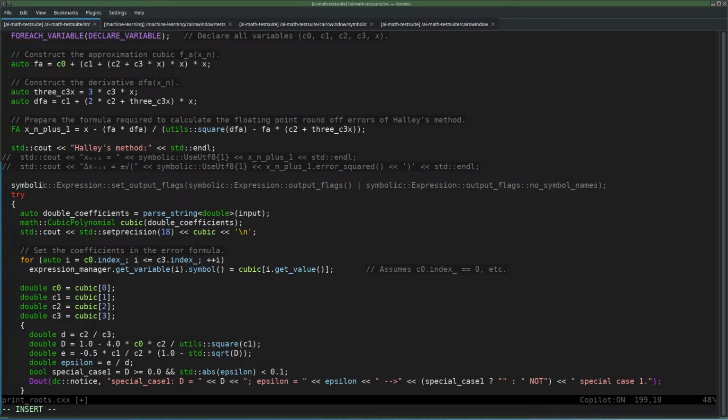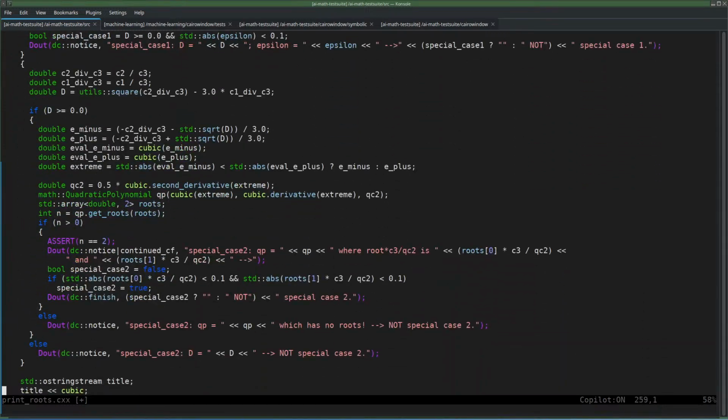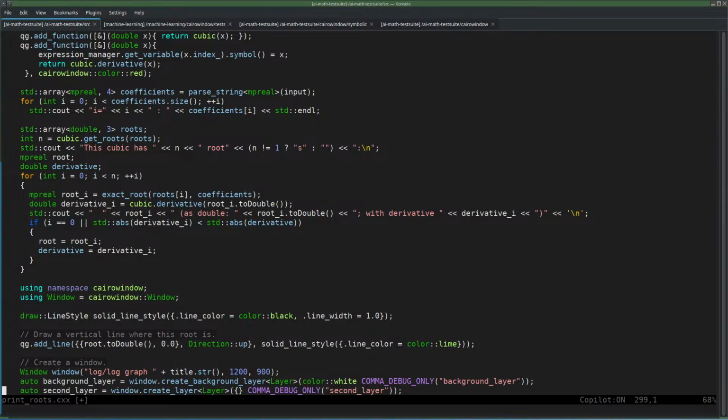Symbolic symbol const reference symbol X. Where was it?